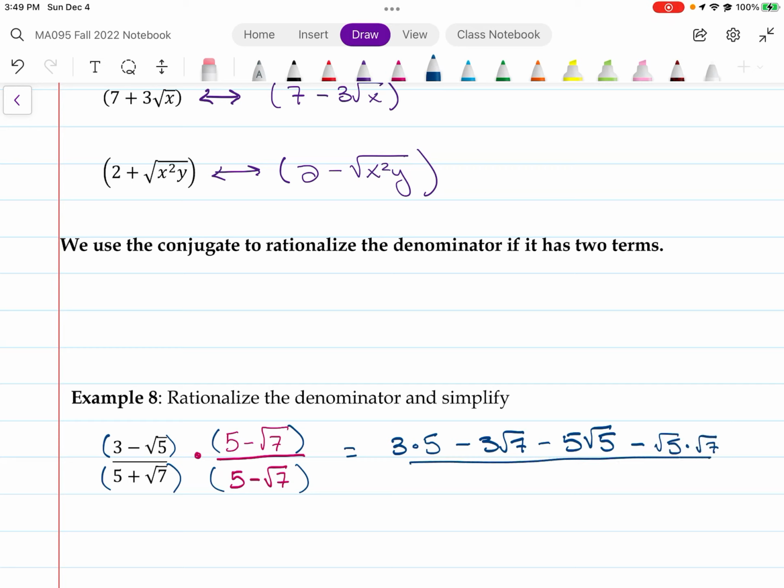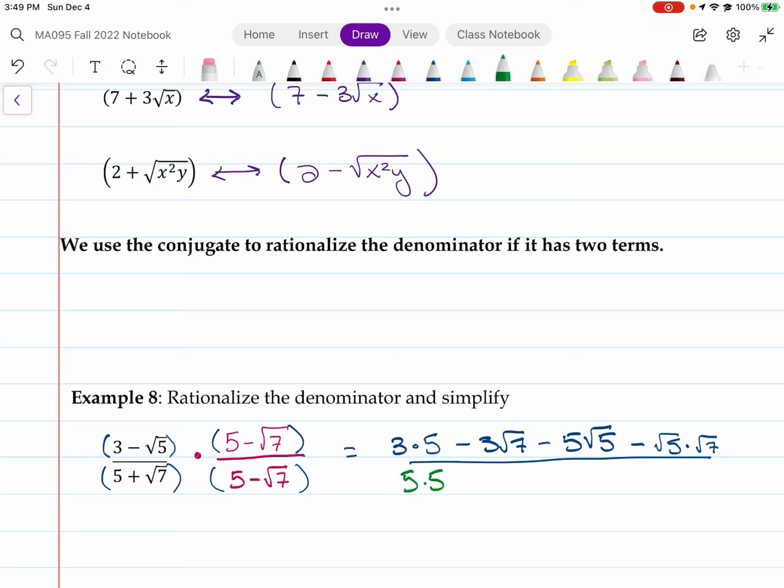Yikes, what a mess. And then on the bottom, so now you will learn to do this without doing it the long way, but we're going to do it the long way for a little while. We get 5 times 5. I'm going to do this in a different color so we can really see the difference between the top and the bottom. So we've got 5 times 5.